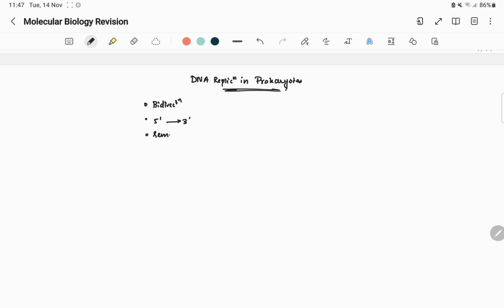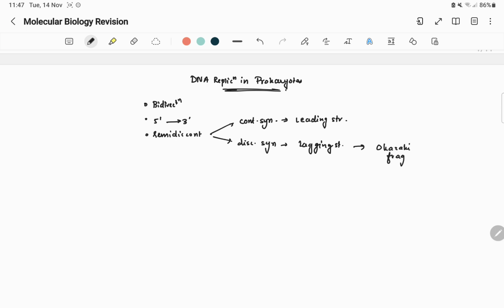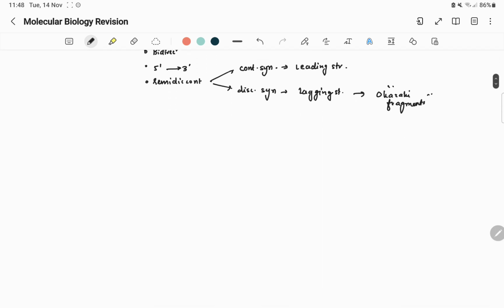It is semi-discontinuous because in one strand there is continuous synthesis, on what is called the leading strand, and there is discontinuous synthesis on the lagging strand, which will generate Okazaki fragments. Understood?